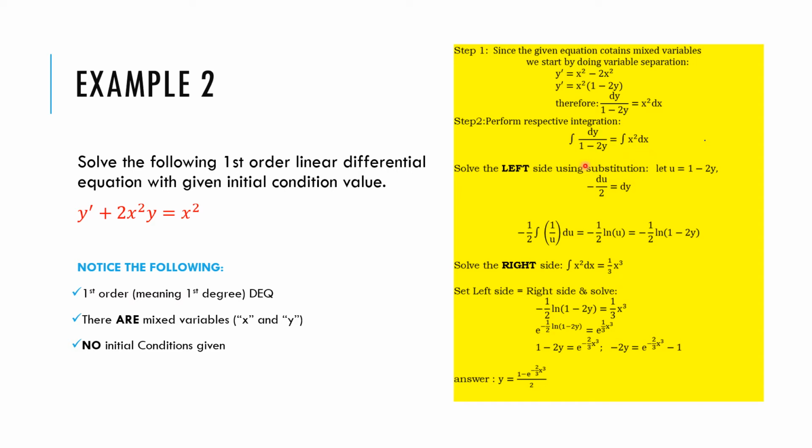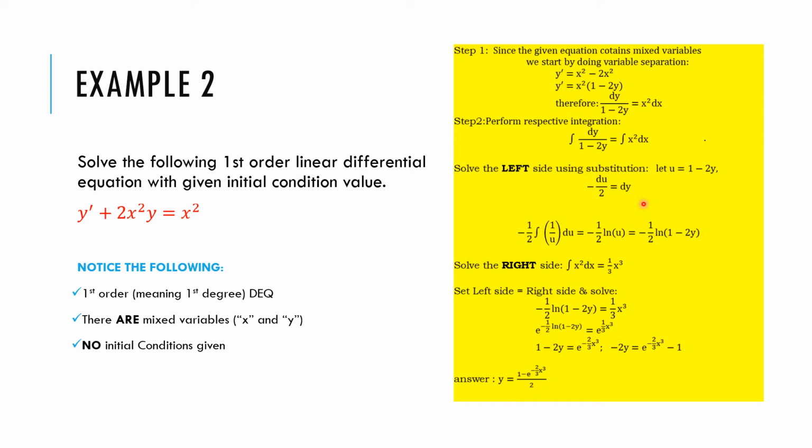Now, to do this, for myself, I'm going to use the u substitution. So I'm going to say let u equals 1 minus 2 times y. Then I will take the derivative, and I find that dy would equal negative du divided by 2.